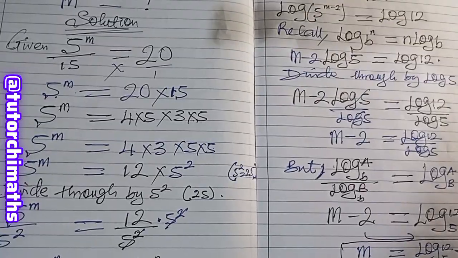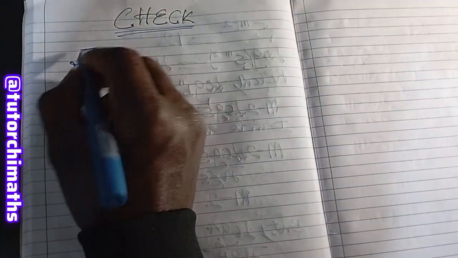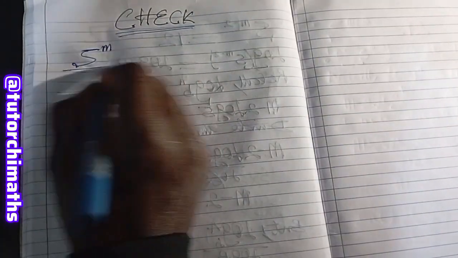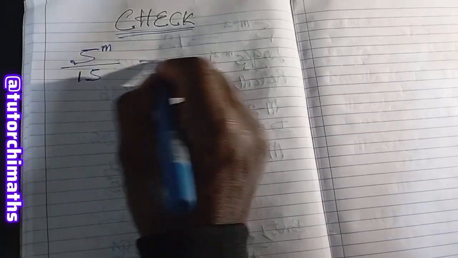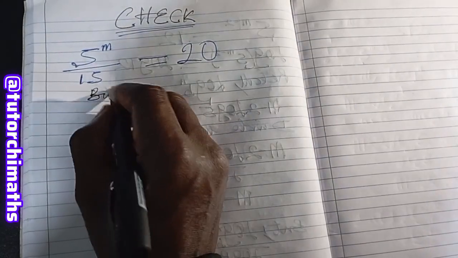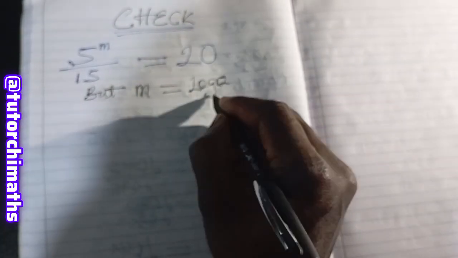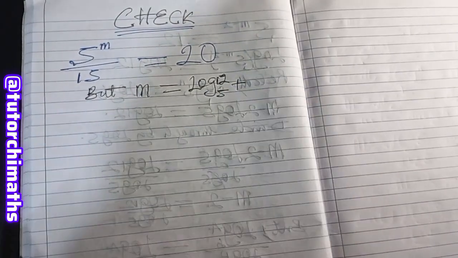Now let's check to ascertain it. We have 5 raised to power m divided by 15 is equal to 20, but m is log 12 base 5 plus 2.